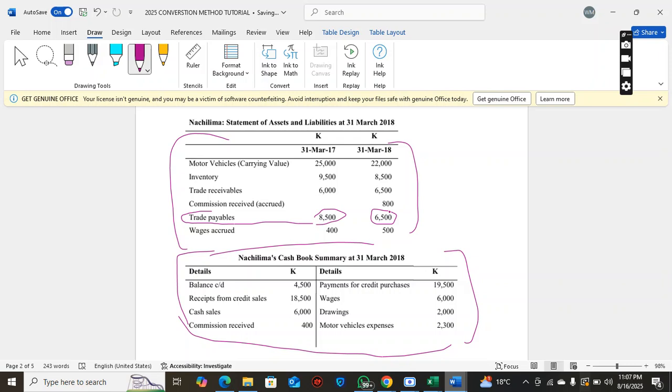Okay. Once you now know your opening balance and your closing balance, you now need to know, since the payables control account is a liability account, where am I going to put the opening balance? On the debit side or on the credit side?